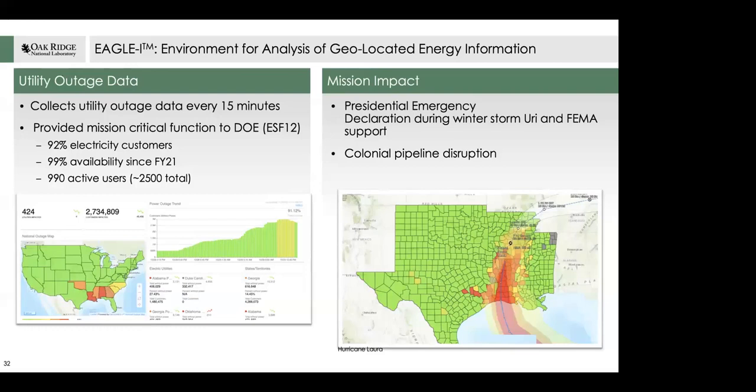Some directly report it, some we scrape the web, some have mechanisms of aggregating it through the state. It's a very complex process. And about 3,000 utilities are out there, right? So it's a big effort. And then every 15 minutes, it gets updated in terms of how many people are out. And then you'll see these trends, whether it's going down, what's happening.